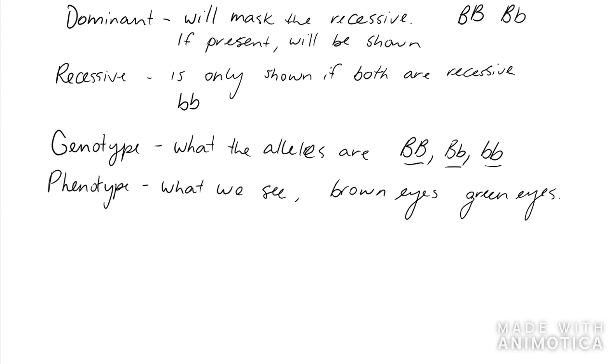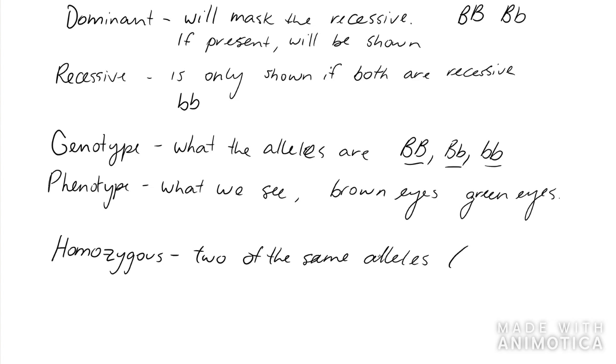And so if we have two of the same letter, they're called homozygous. So they'll be big B, big B, or little b, little b. If they are two different alleles, they're called heterozygous.